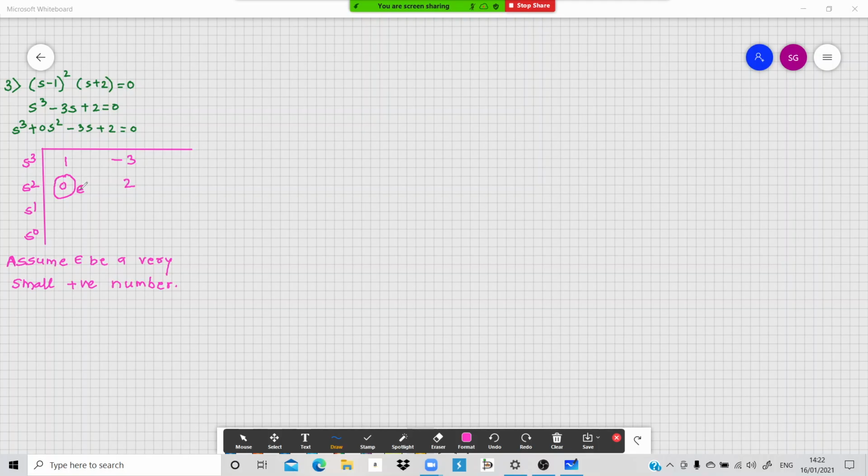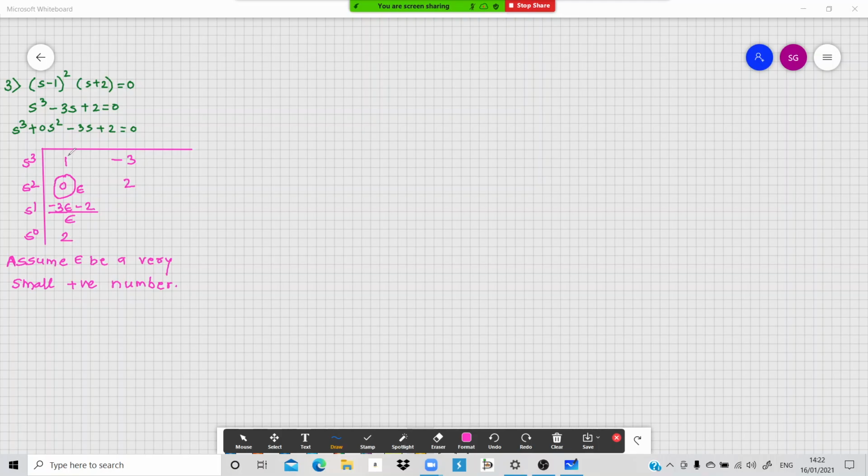So if I'm saying this is epsilon, it is going to be minus 3 epsilon minus 2 divided by epsilon. Correct. And the last element, this into 0 and divided by this whole thing, is going to be 2 only. So no need to worry for this.